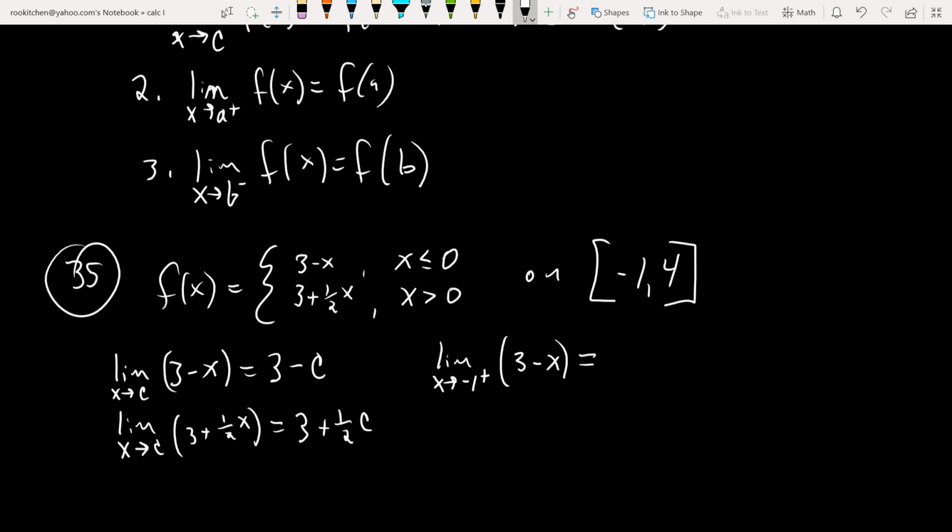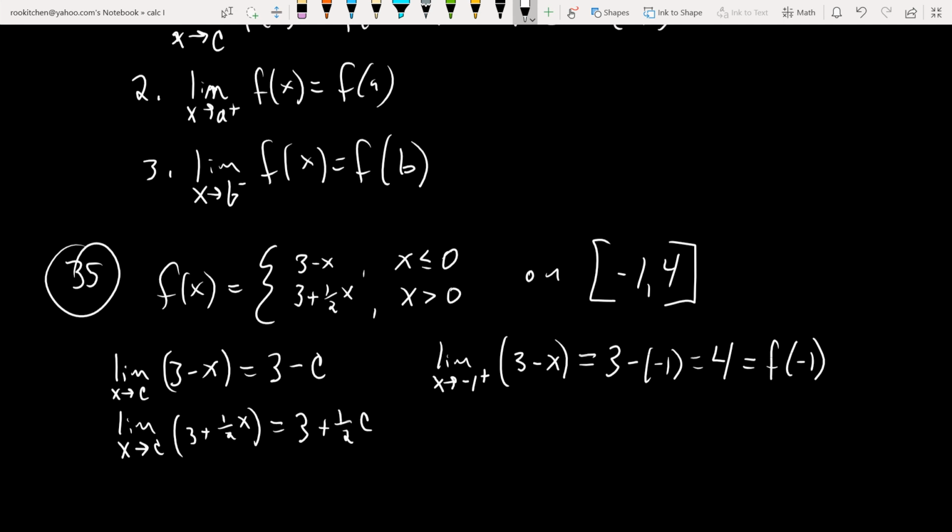So as we approach -1 from the right, we will have 3 minus -1, which equals 3 plus 1, which is 4, which is equal to f of -1.